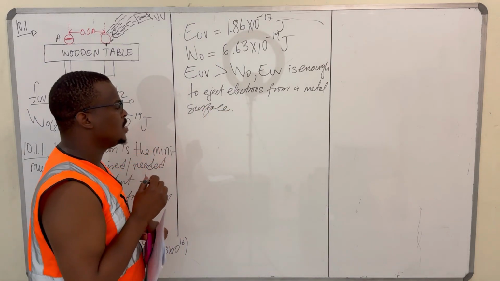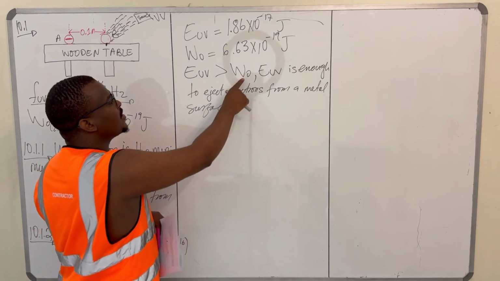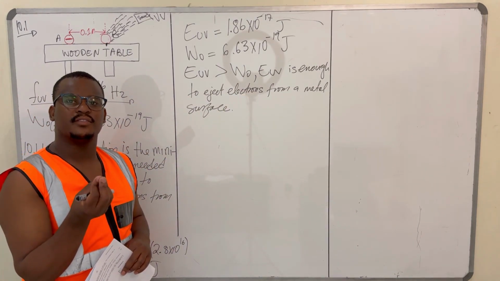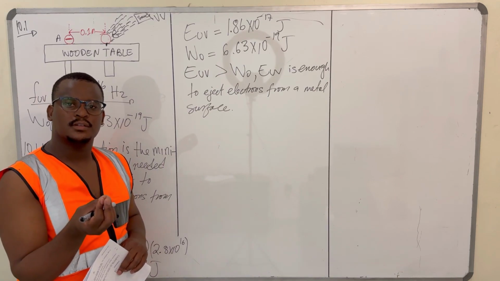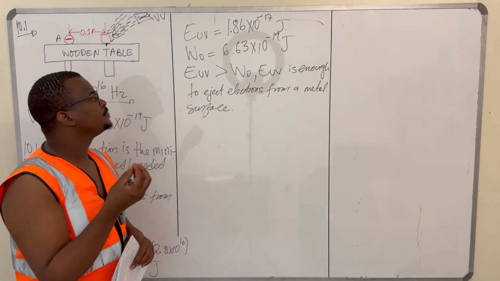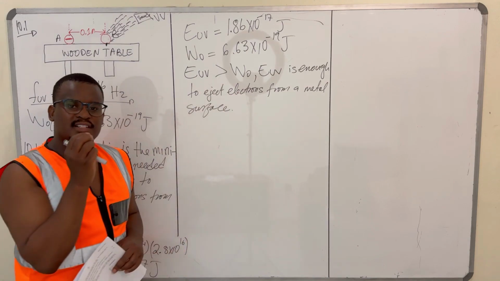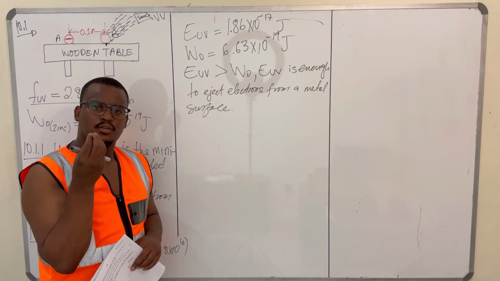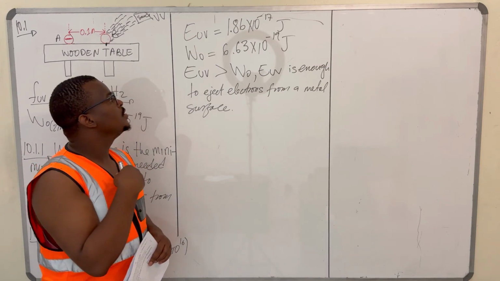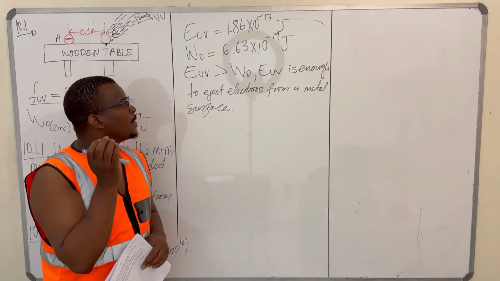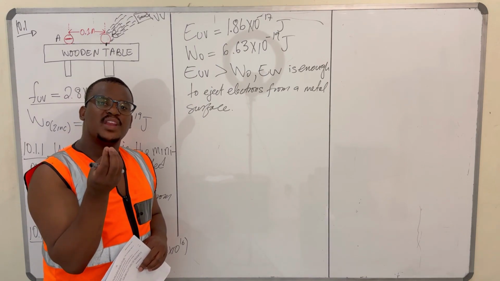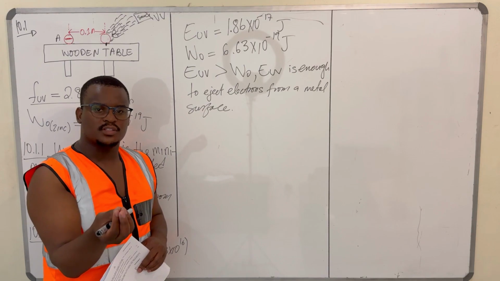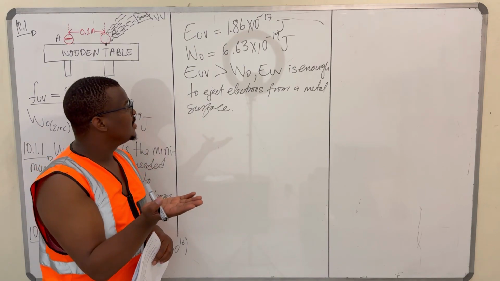This is what this means, because we said the work function is the minimum energy required by the metal. Actually, we said work function is the minimum energy required to emit electrons from a metal surface.